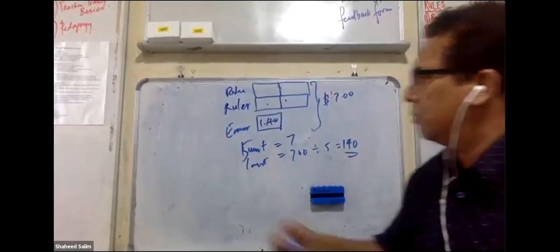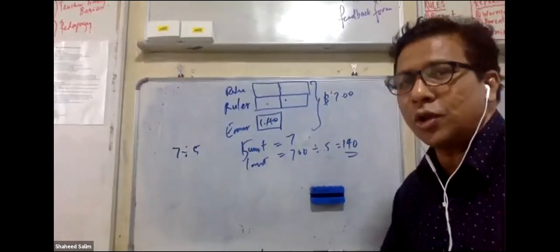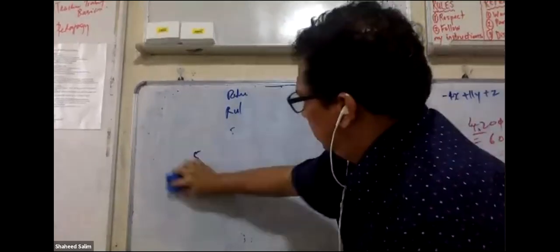Now some of you are saying 7 divided by 5, 7 divided by 5. Later you can hear the story. Can you do another question like this? Okay, we do another question like this. Now I give you another question. You see the picture?